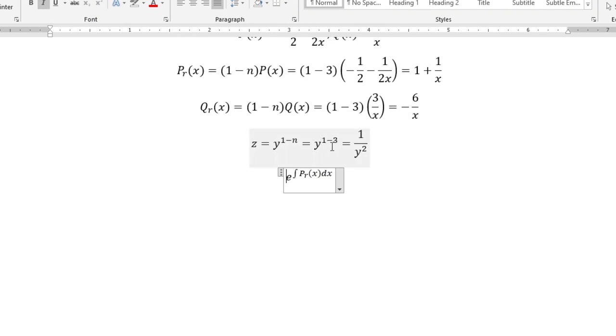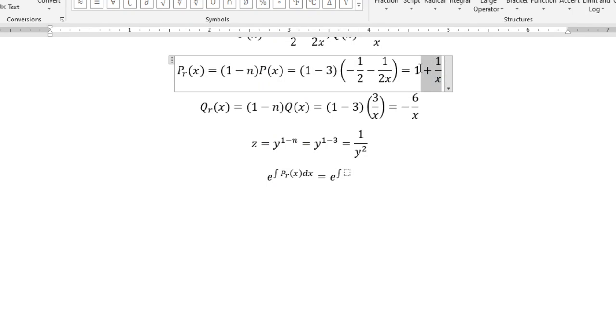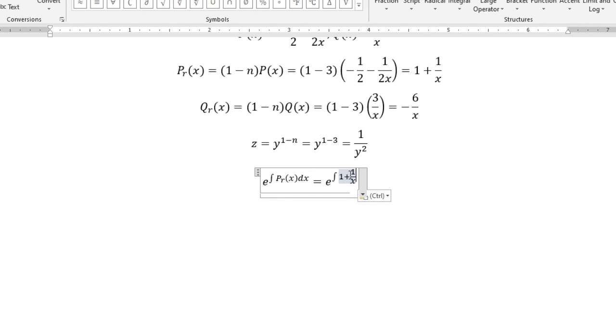so, kailangan natin kunin si integrating factor. So, ang formula will be equal to e raised to the integral of P R of x dx. So, e raised to integral of, ang P R natin is 1 plus 1 over x.